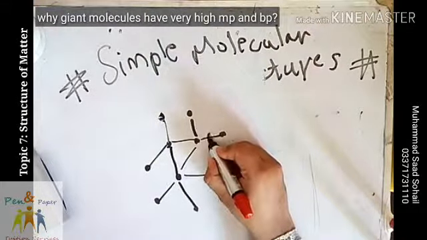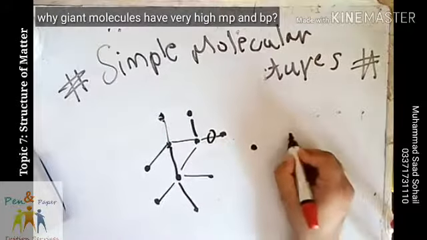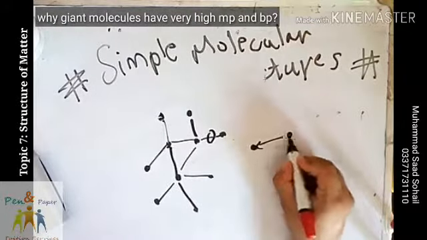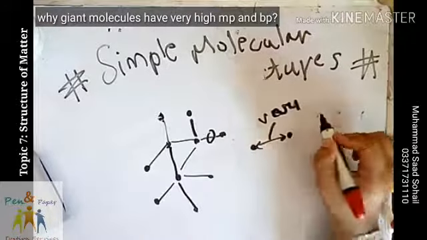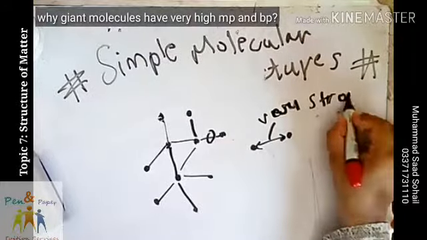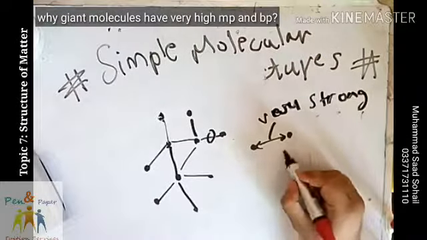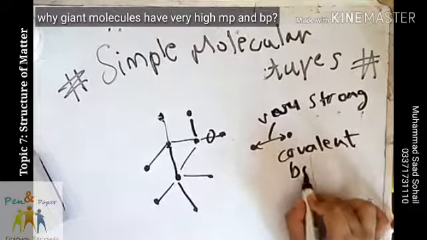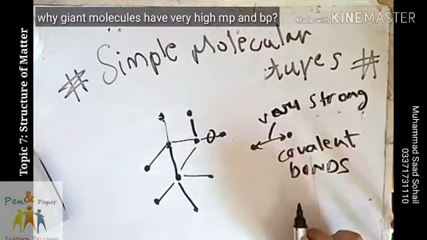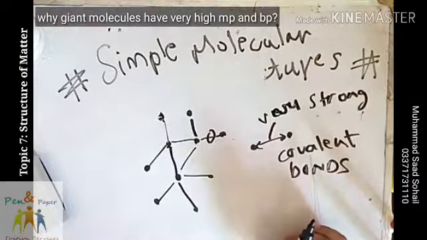The covalent bonds between two adjacent carbon atoms are very strong covalent bonds. In order to break these bonds, you need a very high amount of energy. Therefore, giant molecular structures have very high melting points.